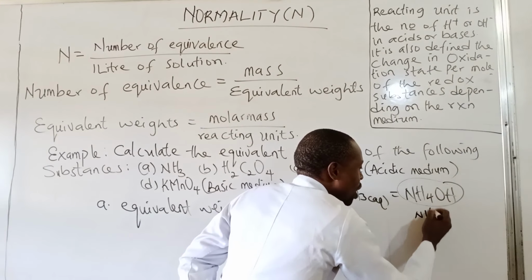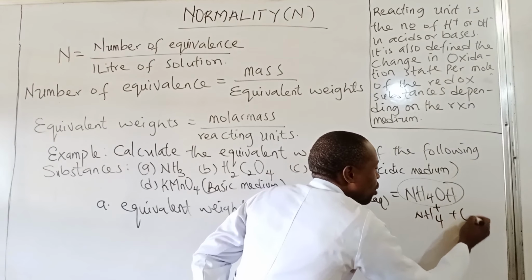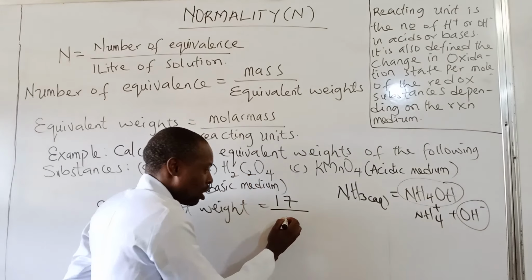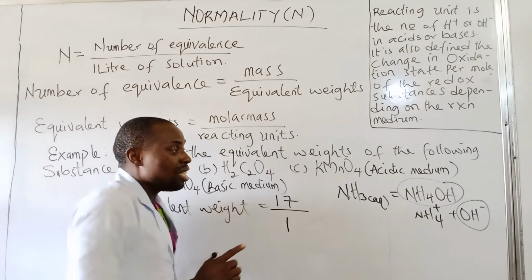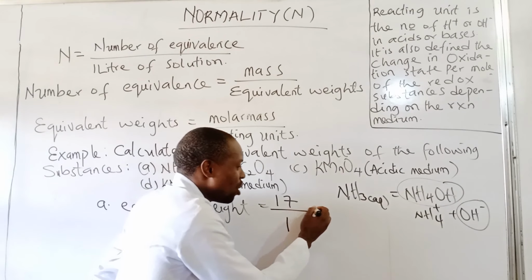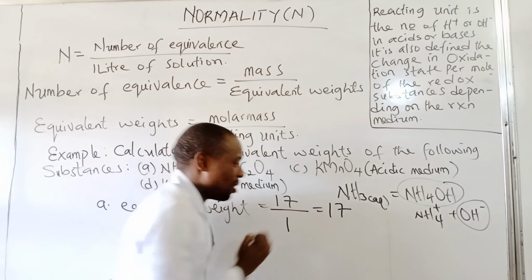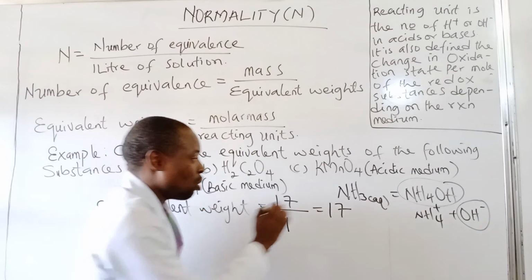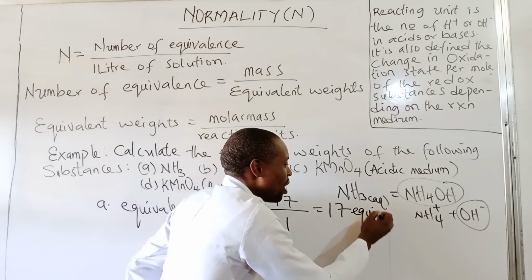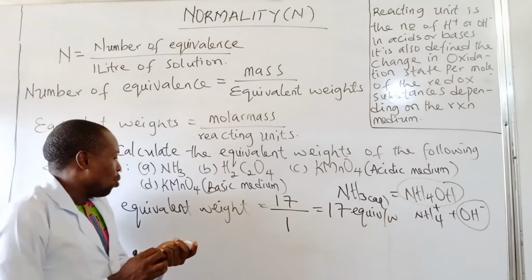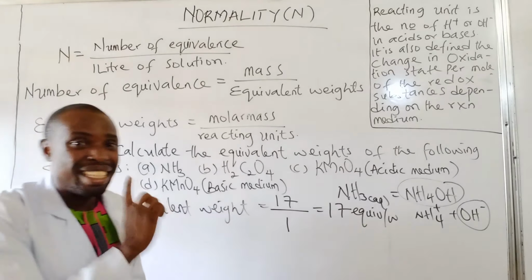So you're having NH4 plus and OH minus, so it is just 1 here. So the reacting unit here is 1. So it will be 17 divided by 1, which gives me 17 equivalent weight.